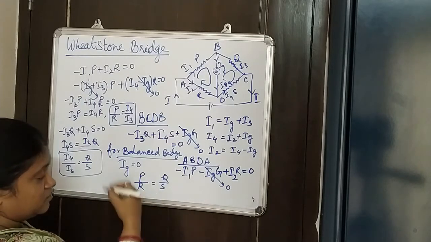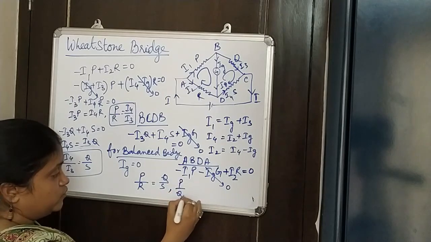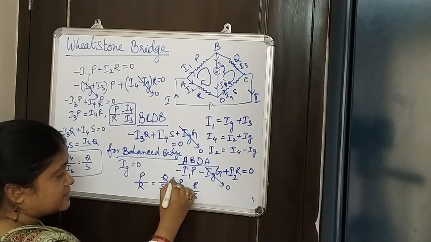Or we can also write it in another way, P by Q is equal to R by S.